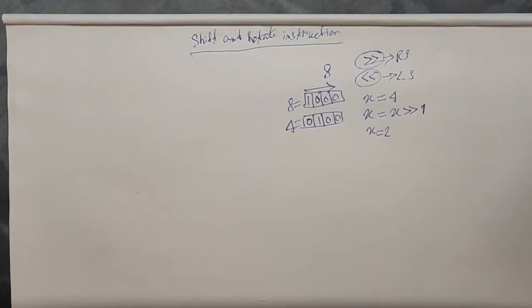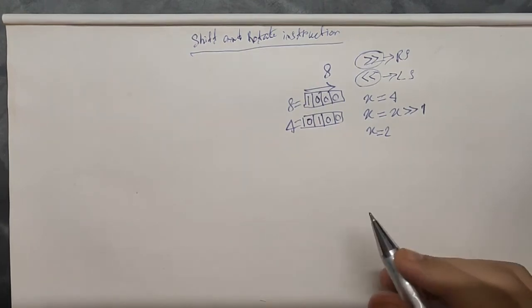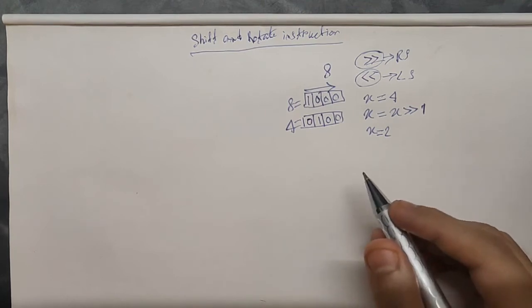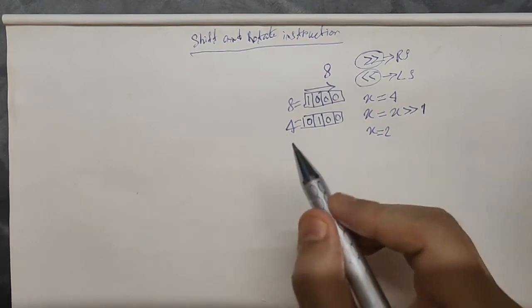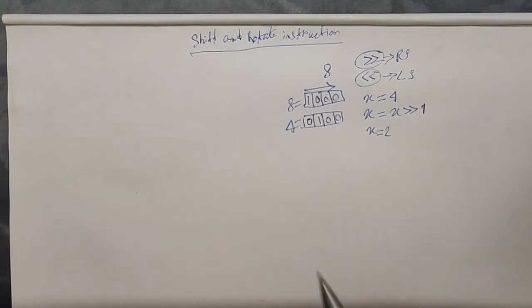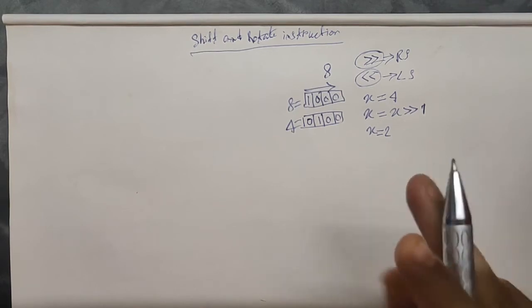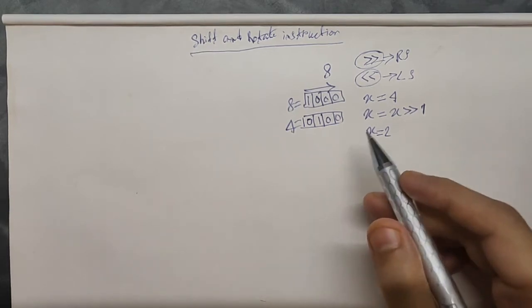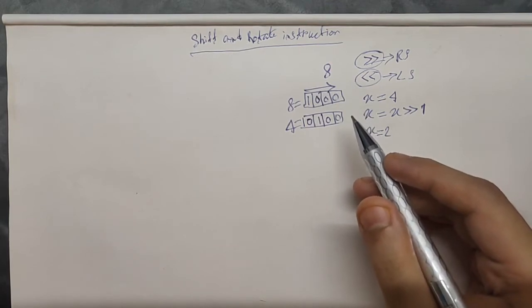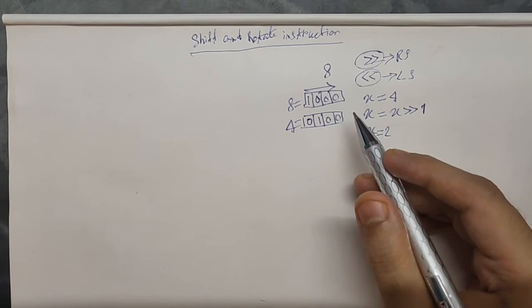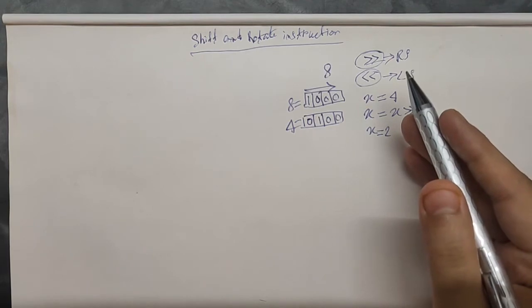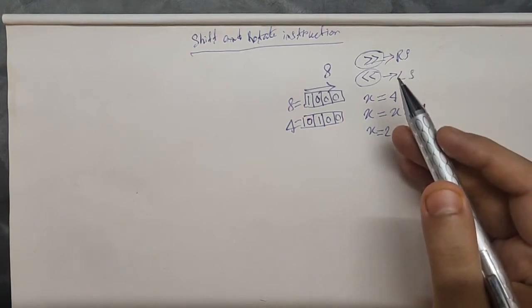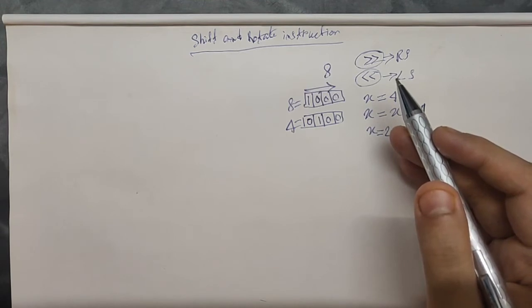Okay, now coming to the computer architecture, we have different kinds of instructions. We have a total of 8 instructions here. Before starting the instructions, I also need to tell you there is a little difference between logical shift and arithmetic shift, because we have these two kinds of shift in our architecture. Logical shift and arithmetic shift both do the same thing: they multiply or divide the value by 2.